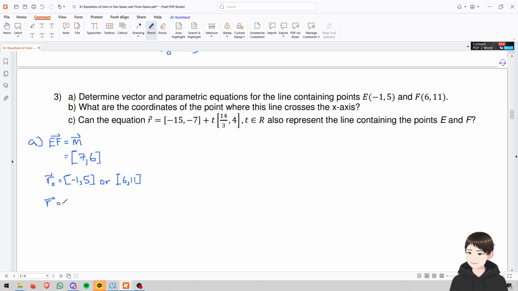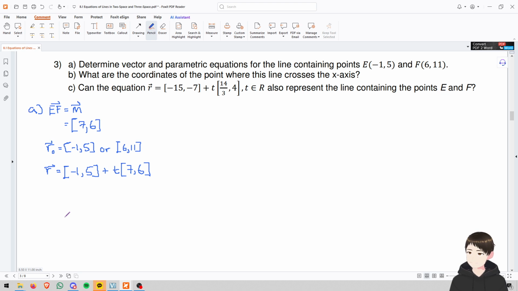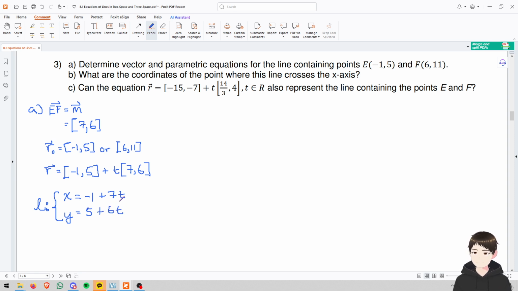My vector equation is going to be negative 1, 5, plus my slope or direction vector times a parameter. The parametric equation would be x being negative 1 plus 7t and y being 5 plus 6t. That's it.